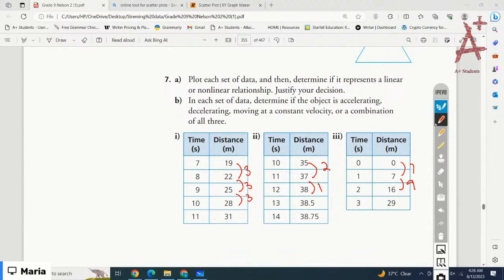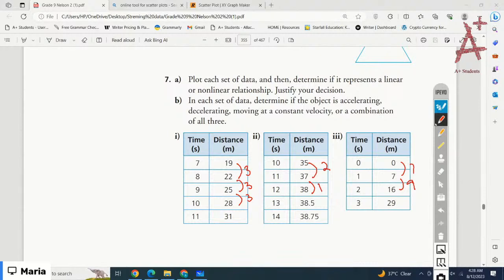Okay, then the B part is, in each set of data, determine if the object is accelerating, decelerating, moving at a constant velocity, or a combination of all three. The first one is linear, right? When the relation is linear, that means the object is moving at a constant speed because they have the common difference, right? For the second one, the graph is non-linear.